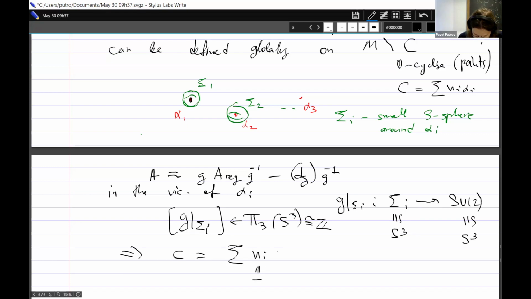And so this gives us our N_i. This gives us a zero cycle with coefficients in Z, and so it gives us a class in H_0 of M with Z coefficients, which is isomorphic to H4.